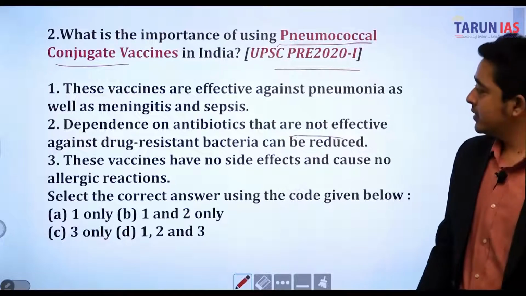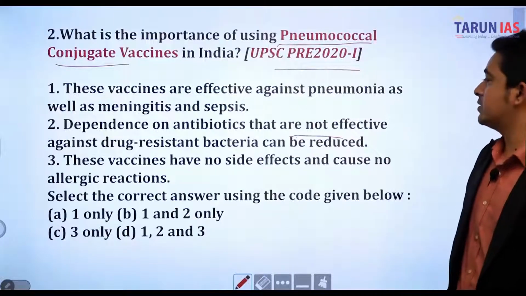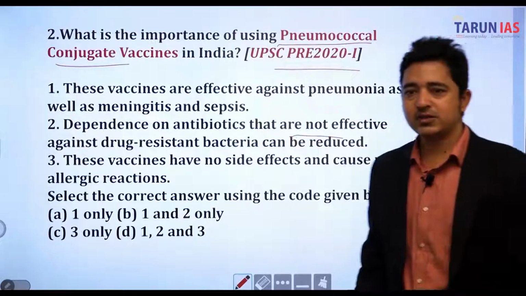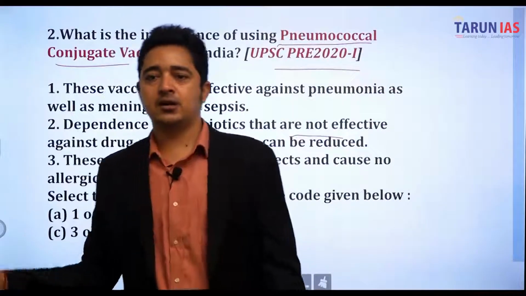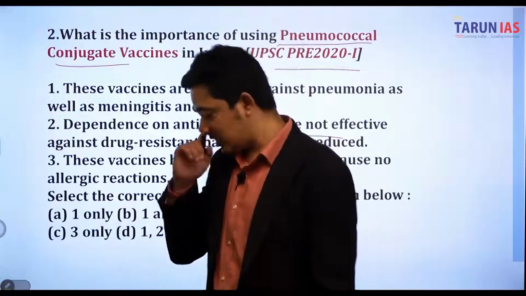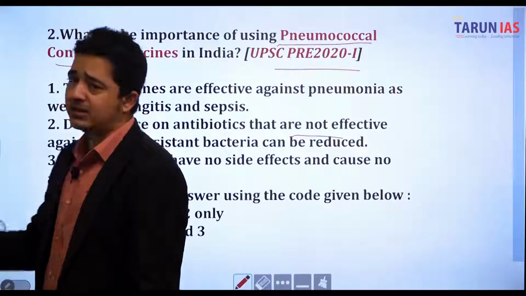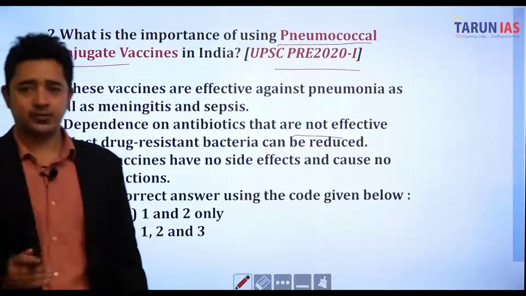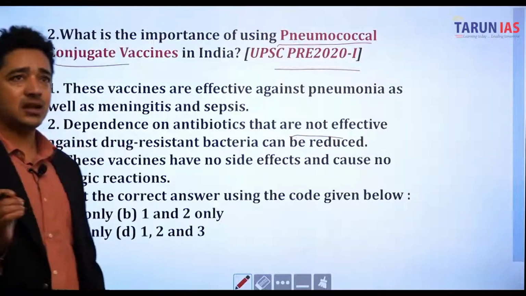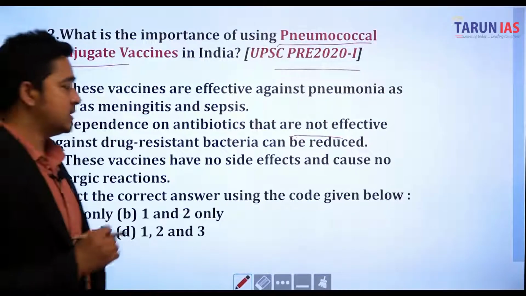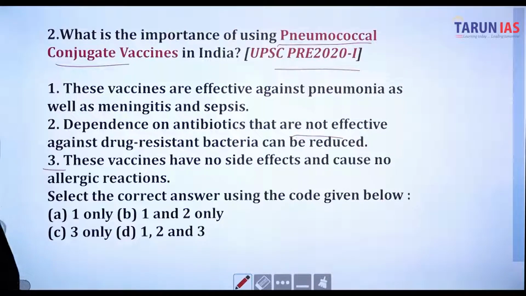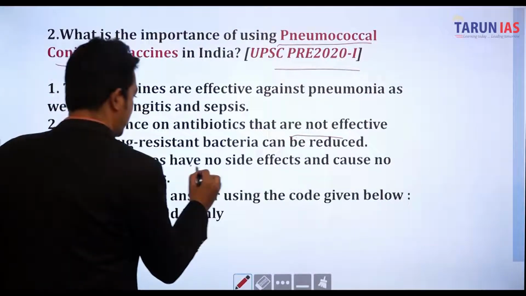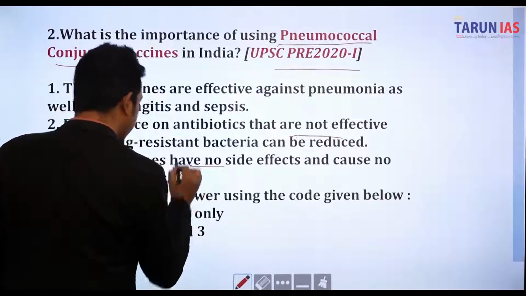Third, these vaccines have no side effects and cause no allergic reaction. Can you see any vaccine having no allergic reaction? As we can see with Covishield and Covaxin, they have some kind of side effect, a very small number, but there is some kind of side effect. So statement 3, if you look carefully, is obviously a wrong one.